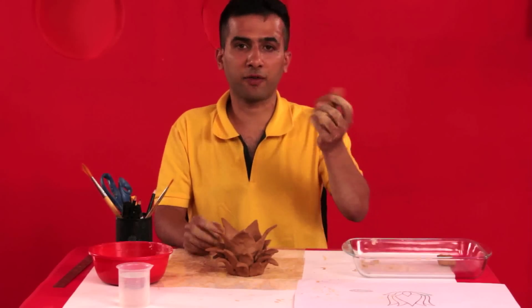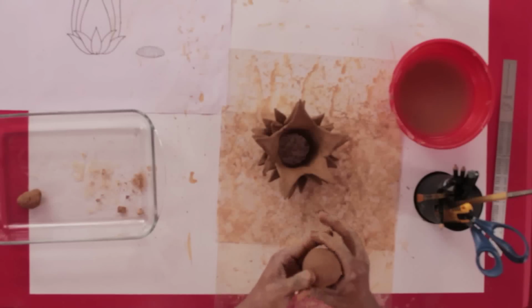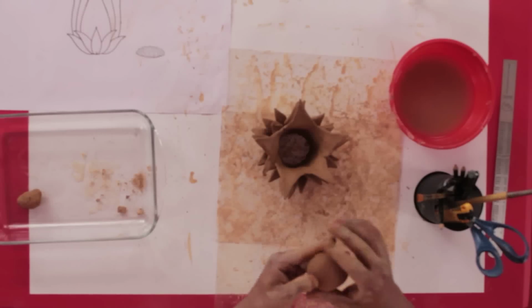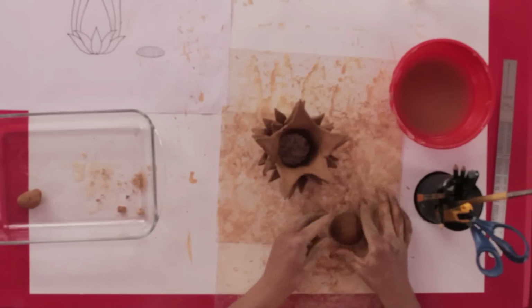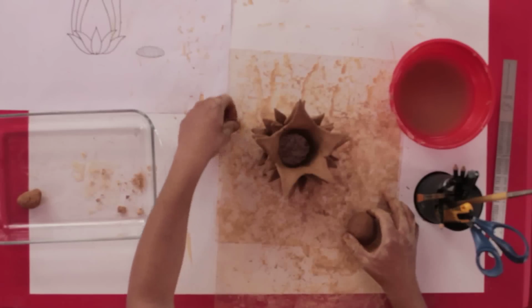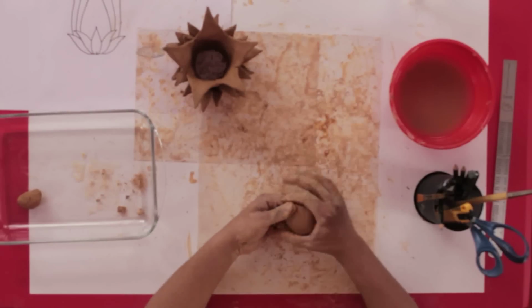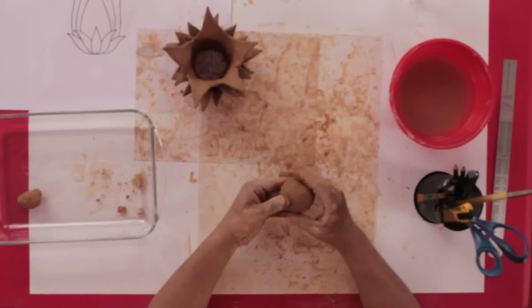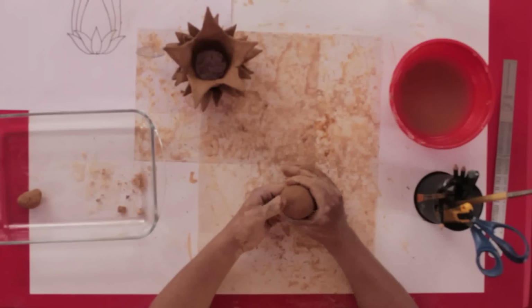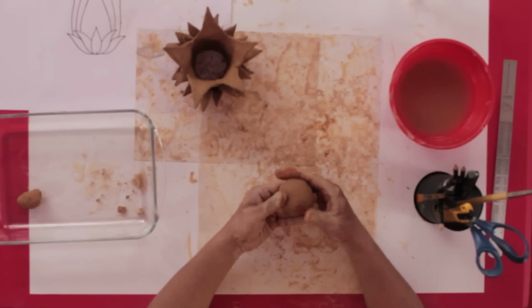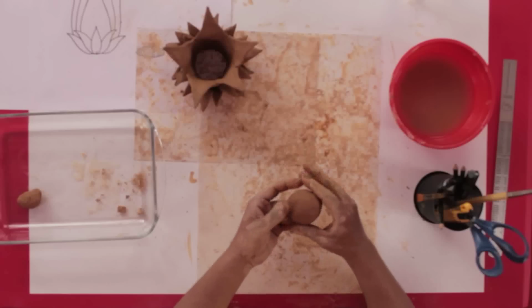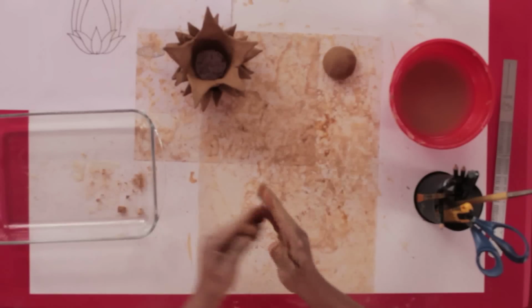So I'll take a lump of clay like this and mold it into, say, a half sphere, cut on the center. So I'll keep this on the side for the time being. And you can use your hands to mold this shape. And once it's done, you can keep it on the side.